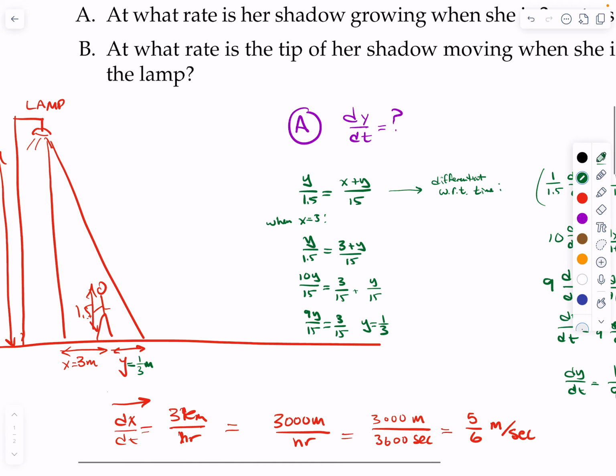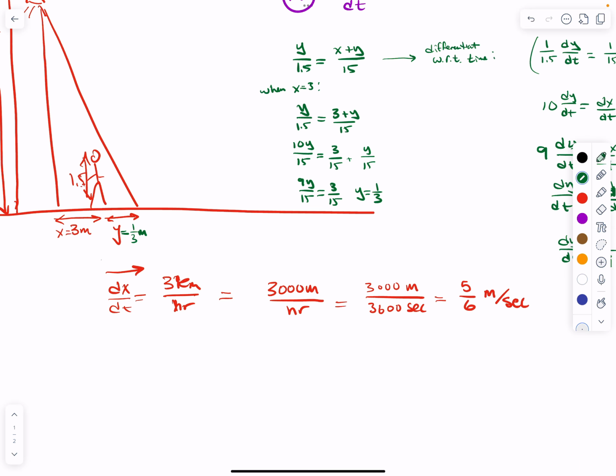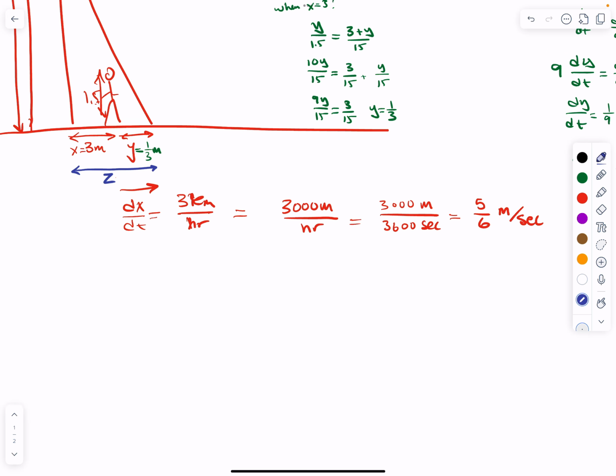Okay, that's part A. Part B, what rate is the tip of her shadow moving? When we're talking about the tip of the shadow, we have to think in terms of a different quantity. I'm going to call that z, and z is just x plus y. There's z. So now we have the following relationships for part B. z over 15 is equal to y over 1.5.